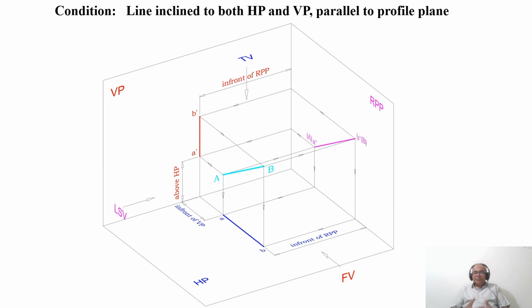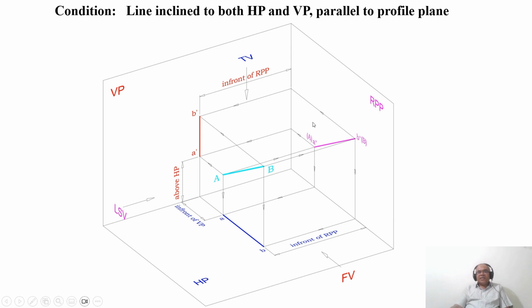Now how will I be able to analyze this? If you look from the left side view, you can see that the line is inclined. Where is that line inclined? Inclined to HP here, to this line. This line is HP and this line is VP.